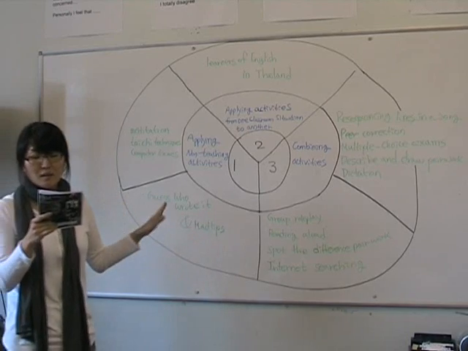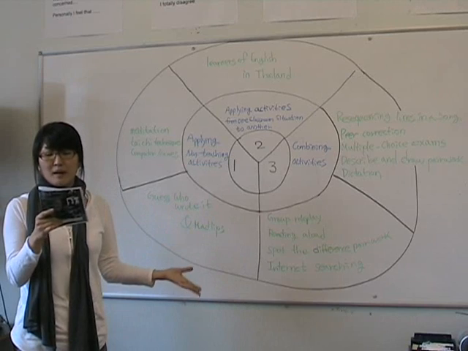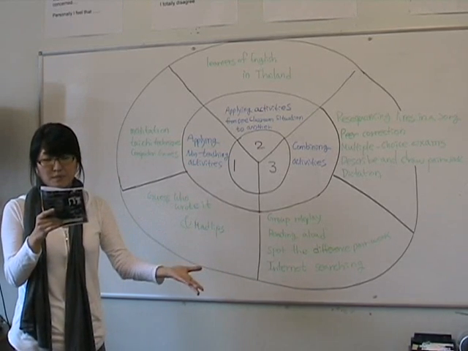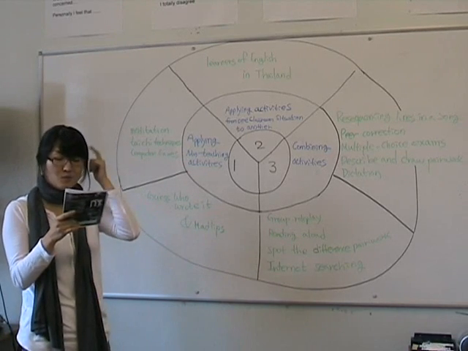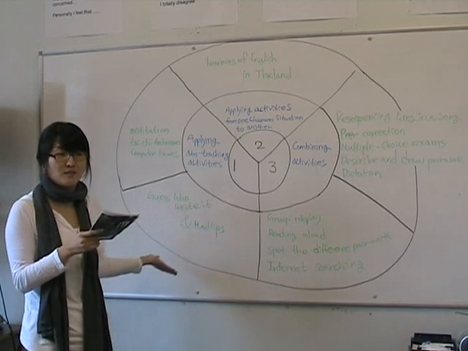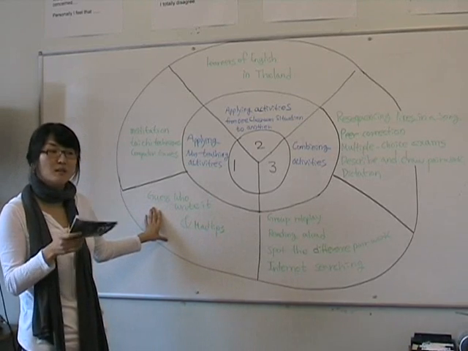Then the answers are collected, and the pieces of paper written by students in one group are given to another group. The second group then has to guess which of the students in the first group wrote which answers. So I think you can use these activities in your classrooms.